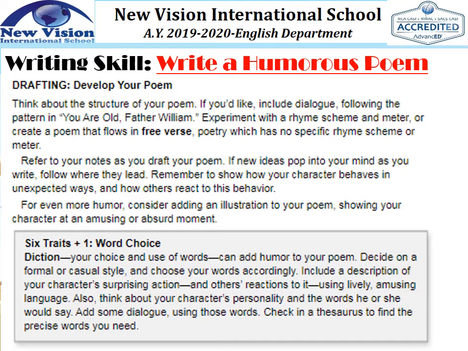Also, think about your character's personality and the words he or she would say. Add some dialogue using those words. Check in a thesaurus to find the precise or exact words that you will be needing. Got it, students? Alright, take your time.